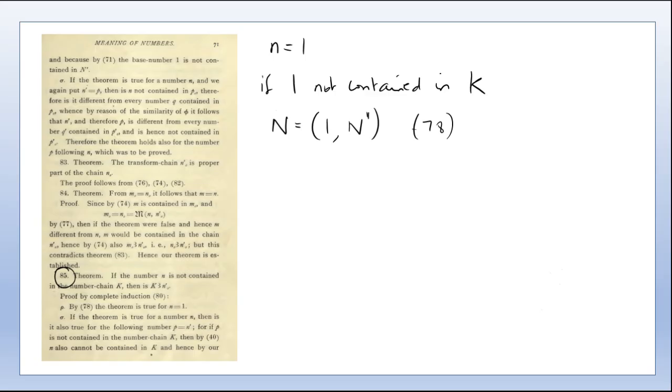Hence every number different from the base number 1 is element of n primed, i.e. transform of a number. So in this case, we've got 1 is not contained in k. Sorry, I'm just putting it together here. So n equals the system compounded of 1 and n primed, hence every number different from the base number 1.